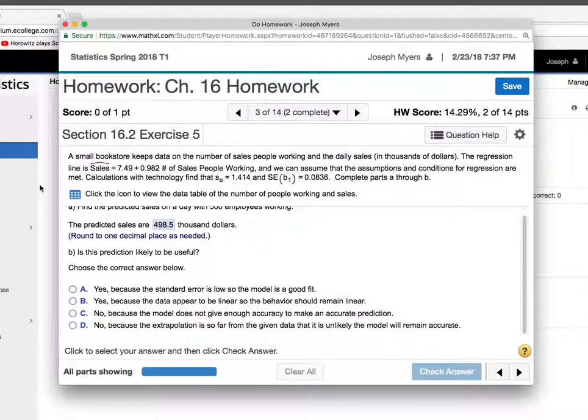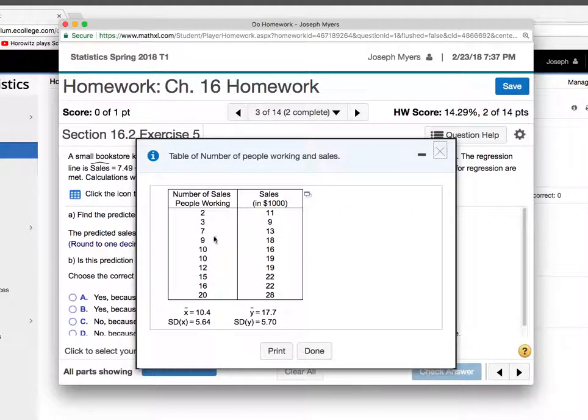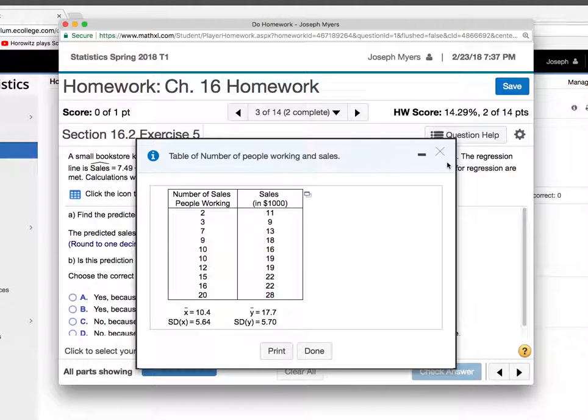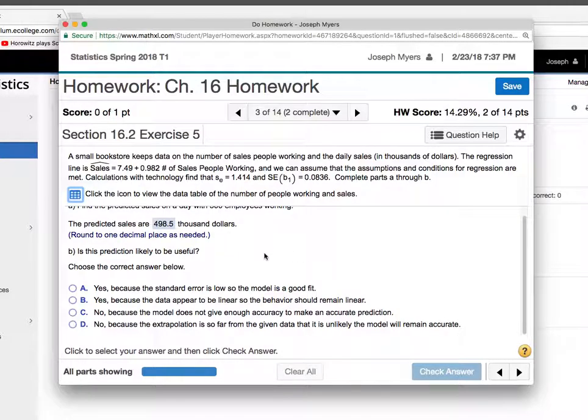Okay, is that likely to be useful? Well, it's only useful if it's within the range of the data that created the predicted sales formula. That included businesses that had between 2 to 20 salespeople working. So you cannot use that formula at all for a business that has 500 employees working. That is just a strict rule of statistics. You cannot extrapolate beyond the range of the data.